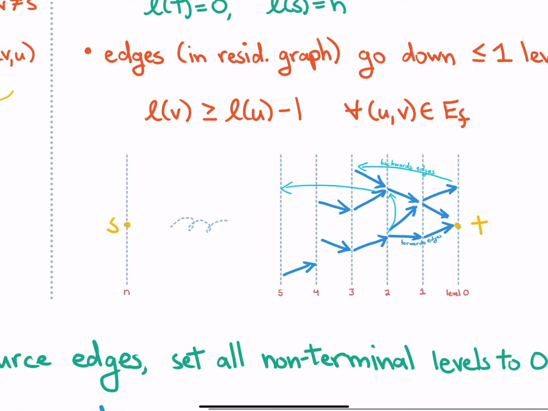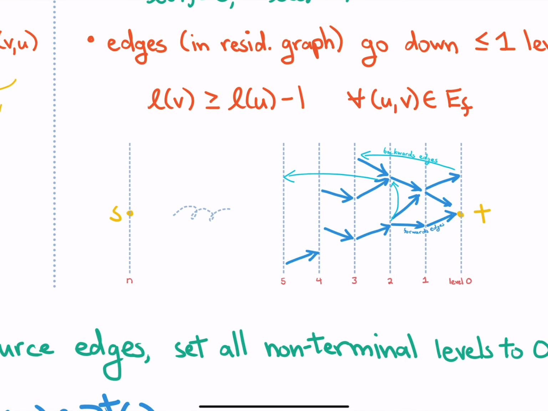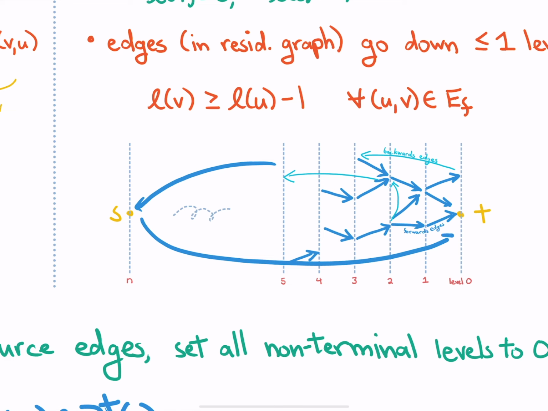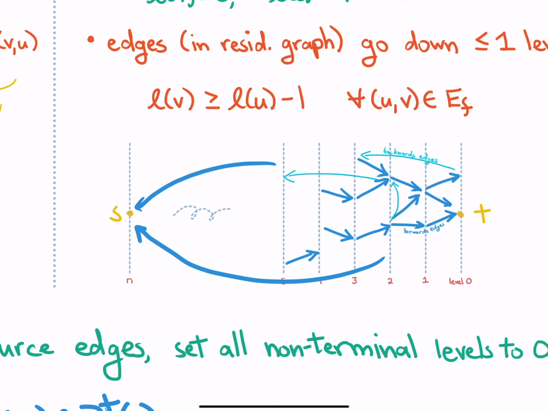Once I push all the flow out of S, S will no longer have any edges leaving it in the residual graph because I used up all the capacity. So the only edges related to S will be going, oh, that's the wrong way, sorry. There's only edges going to S in the residual graph.